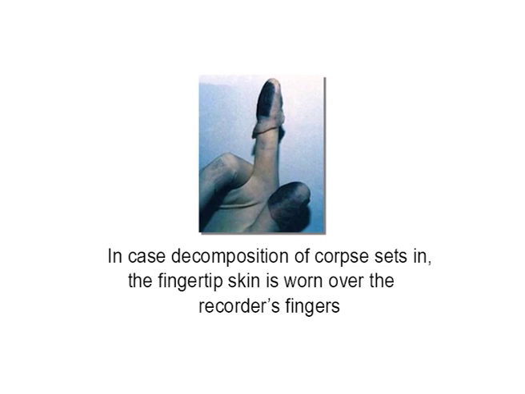So, this figure shows that in case the decomposition of the corpse sets in, the fingertip skin is worn over the recorder's fingers. Thereafter, the rolled impressions are recorded using the fingerprint pad method.